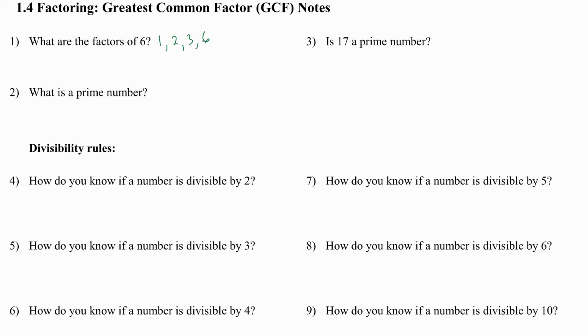Number 2 is also just a review of what is a prime number. So a prime number is any number. I could also put any expression. So any number, because expressions represent numbers, whose only factors are 1 and itself.